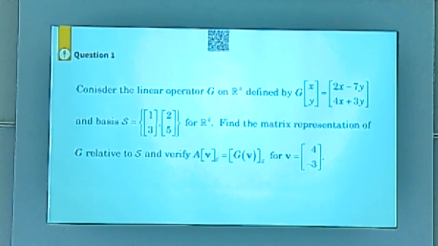Here's what we have to do. First, we have to transform each of the basis elements.